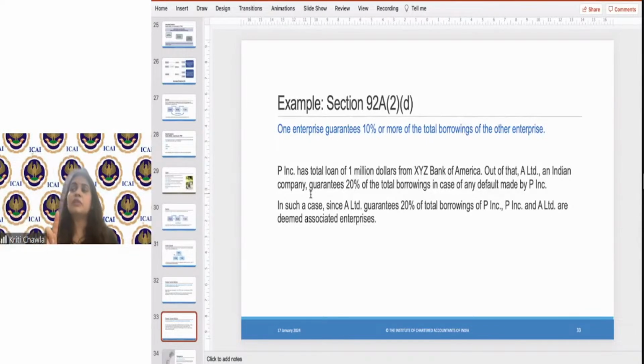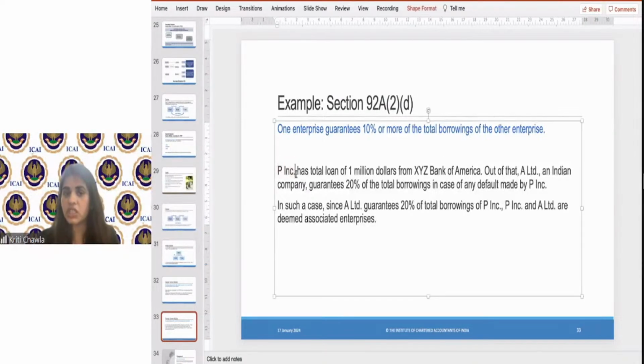For this particular purpose, A Limited steps in, some random Indian company, and this company says that I will give a guarantee to Bank of America that if P company defaults on this particular loan, then I will give a guarantee of 20% of the total borrowings. Now, because A Limited is giving a guarantee of more than 10% to Bank of America, and they're giving it on behalf of P Incorporation, then P Inc. and A Limited will become related to each other.